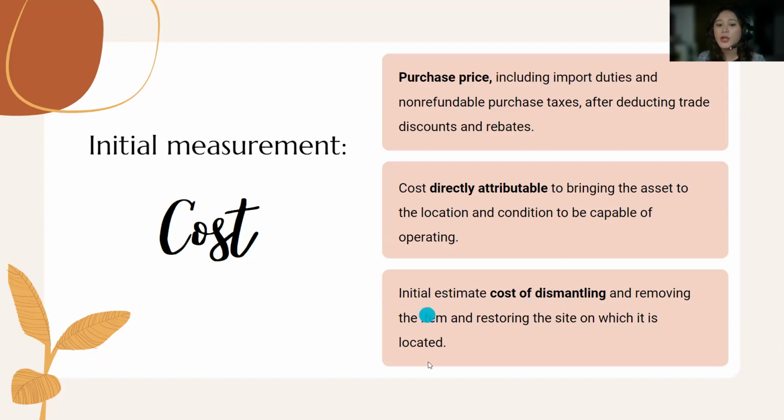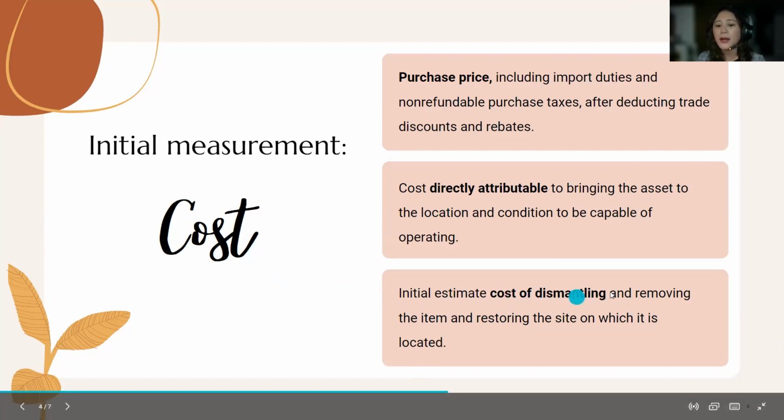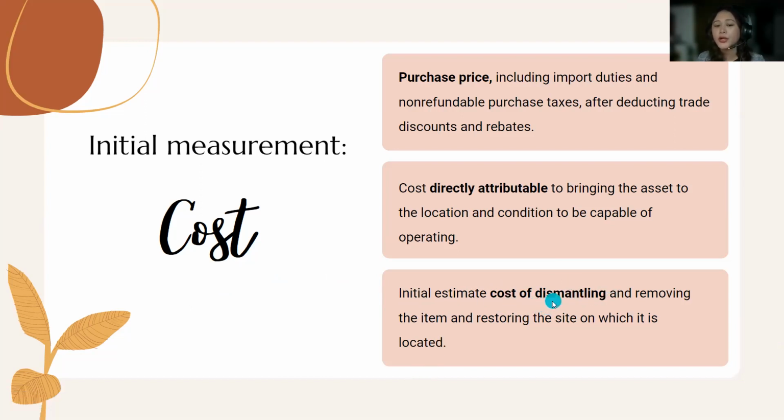So, you need to estimate magkano yung cost ng pagtanggal, dismantling or removing the item and restoring the site in original form, kumbaga, kung saan siya located. So, those are the items we need to consider when we measure or compute for the initial cost of PPE. Anong relevance nito? Ito yung mga consideration mo para mag-record ka ng debit equipment and credit kung ano yung pinambili mo, pwedeng cash or etc.